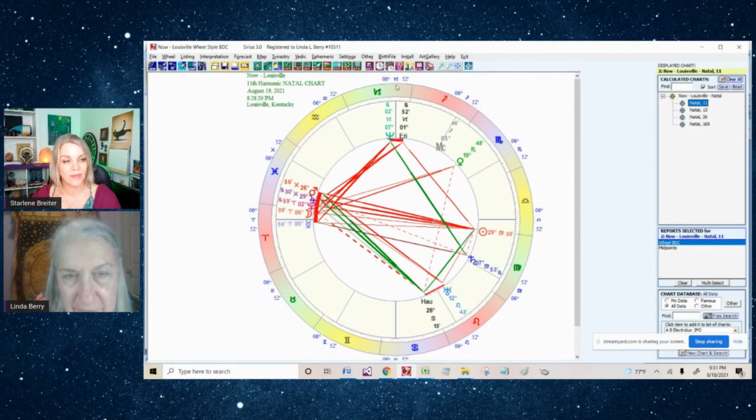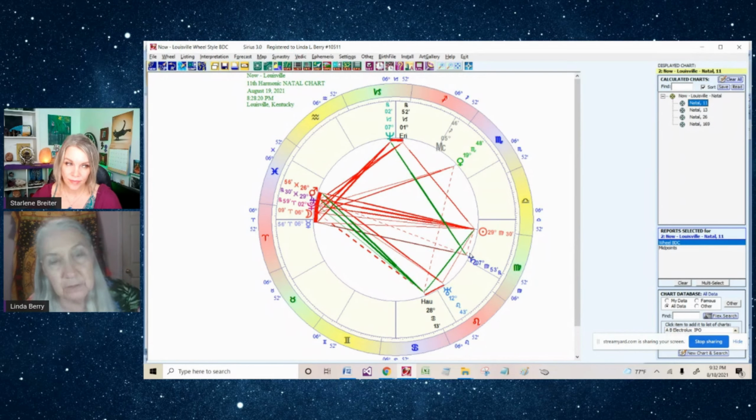There are two things here additionally in this chart. You have Saturn over here on the right with Neptune up at the top. And when Saturn and Neptune combine together in an easy flow, it has to do with spiritual seeking.